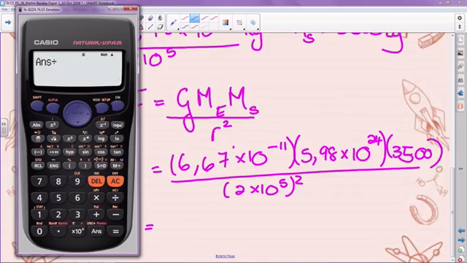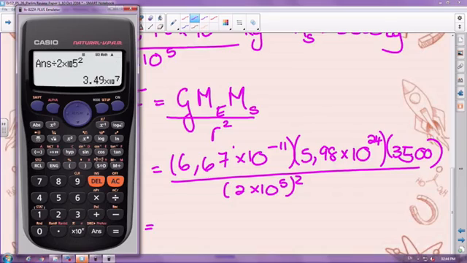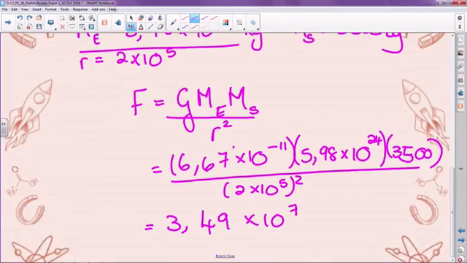Okay, I'm now going to divide that by 2 to the 5 all squared. And I'm going to put this into scientific notation because it's going to make life a little bit easier, which gives me 3,49 times 10 to the 7 newtons. Okay, not a bad number.